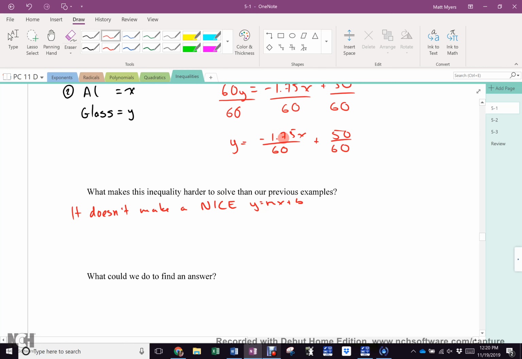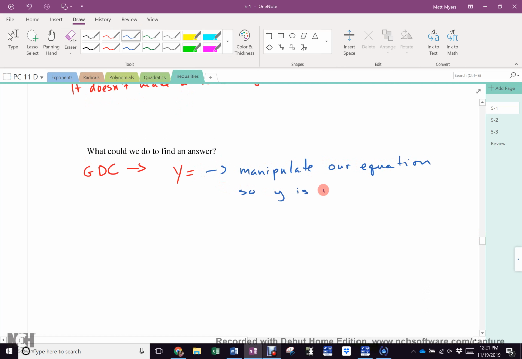So if we are going to use our graphing calculator, we must remember to manipulate our equation so y is isolated. So even though our calculator is going to make the graph for us, it can't do it unless we can do algebra. All right? So, just watch.